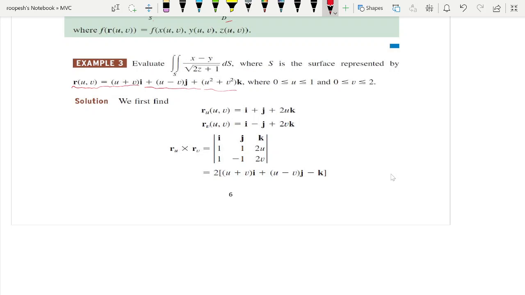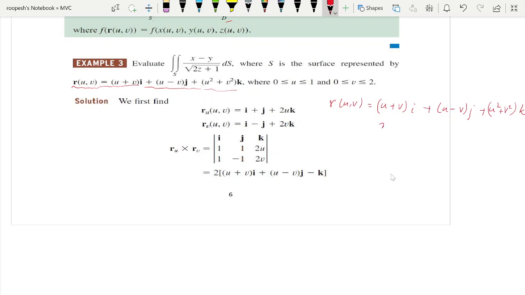We should start from r(u,v). Given that r(u,v) is equal to (u plus v) i plus (u minus v) j plus (u square plus v square) k.